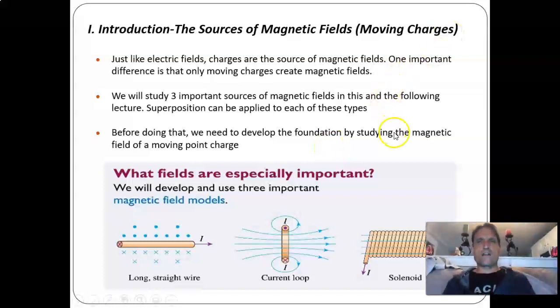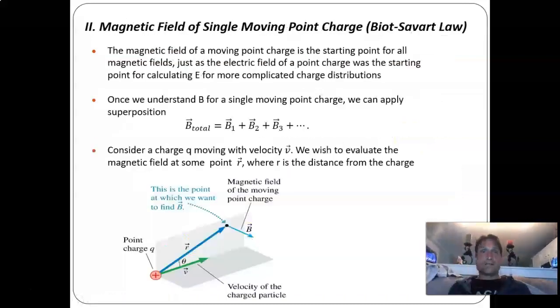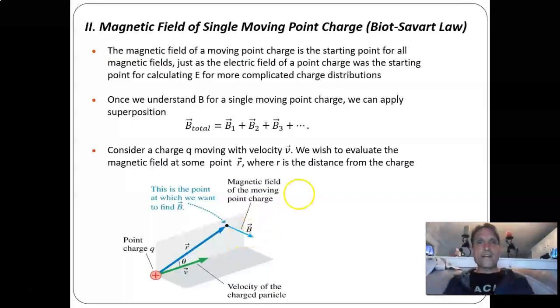This field is very small, and it's not as important as the other three, but it does serve as the foundation from which all of the other ones are derived. So once we get the field for a single moving point charge, we can apply superposition to all of the fields due to all of the moving charges to get the total field.